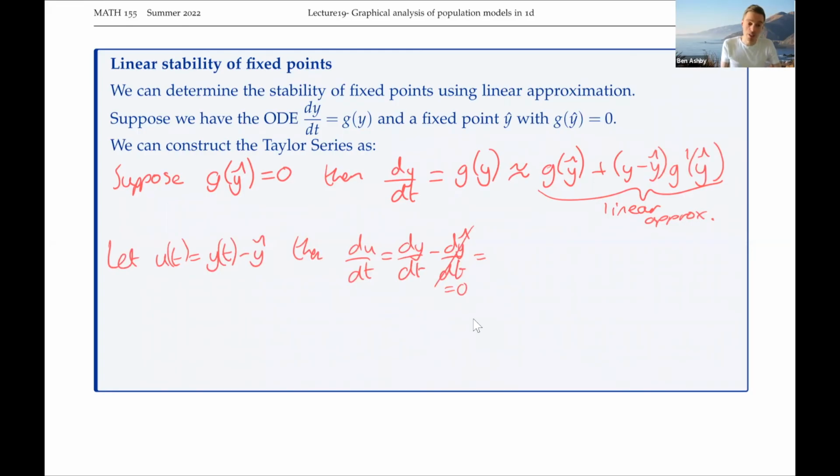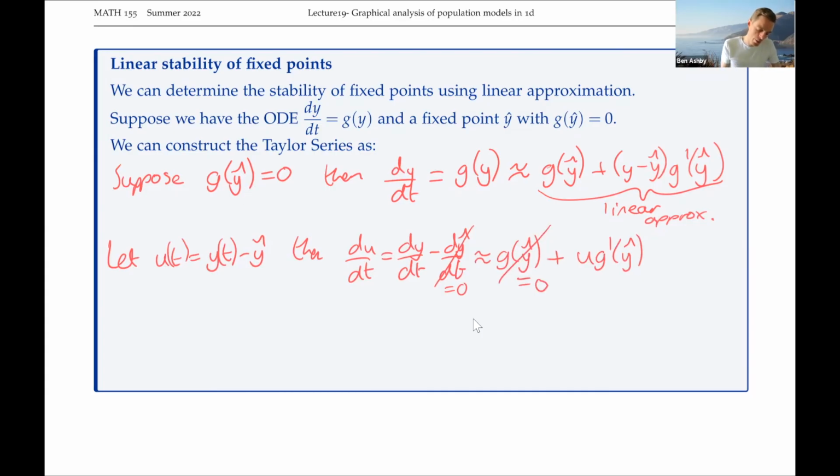So our du dt is going to equal our dy dt. So this is going to be approximately equal to g of y hat plus u, as u is equal to y minus y hat, so we're going to have u times g prime of y hat. And this g of y hat is equal to 0 by definition up here.